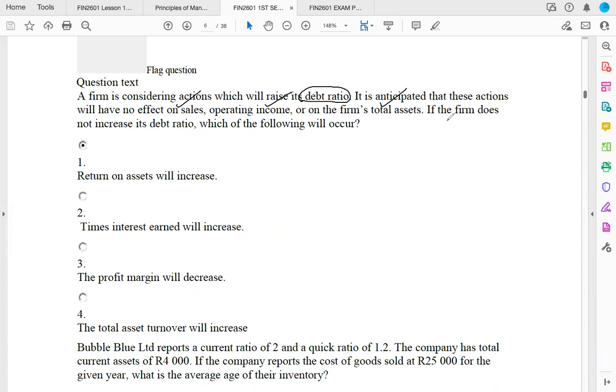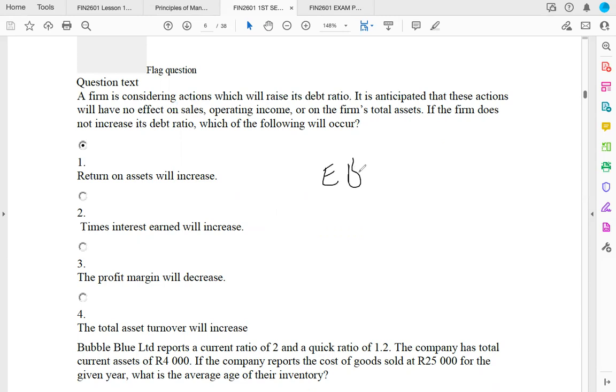So if the firm does not increase its debt ratio, let's say the firm keeps its debt ratio as it currently is. Which of the following will occur? Option 1 says returns on assets will increase. Option 2 says the times interest earned will increase. Option 3 says the profit margin will decrease. And option 4 says total asset turnover will increase.